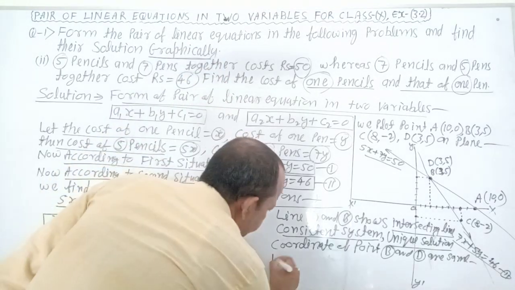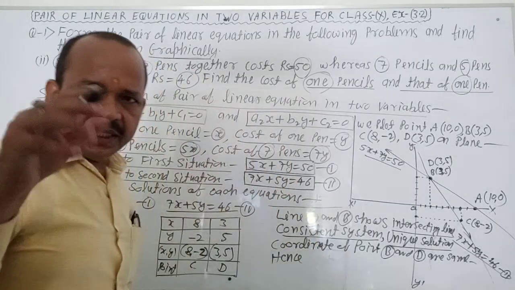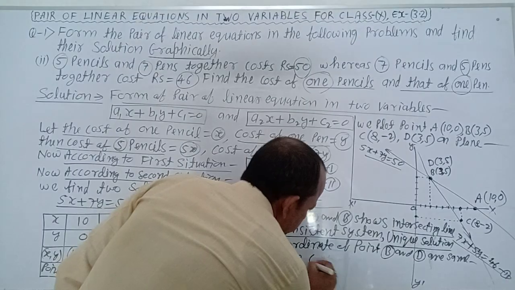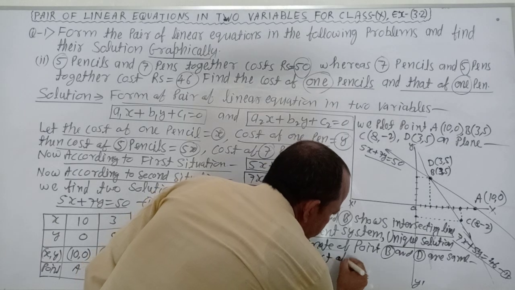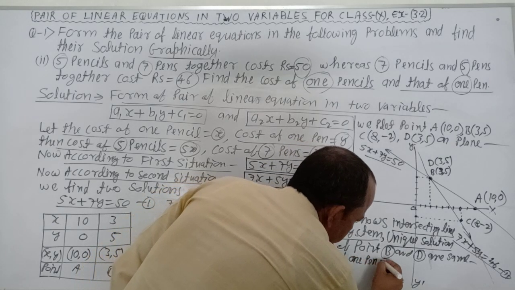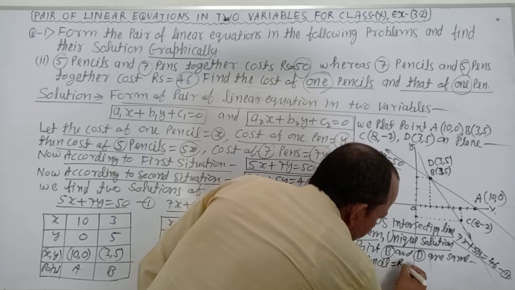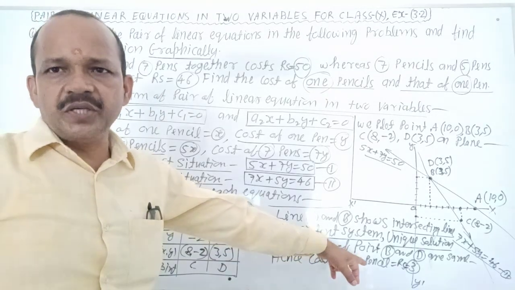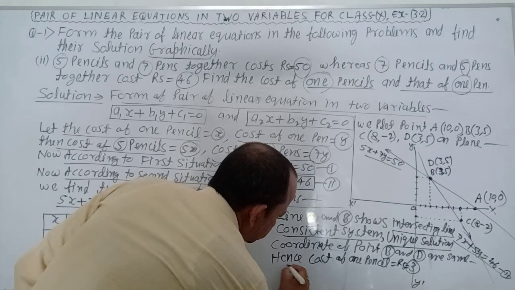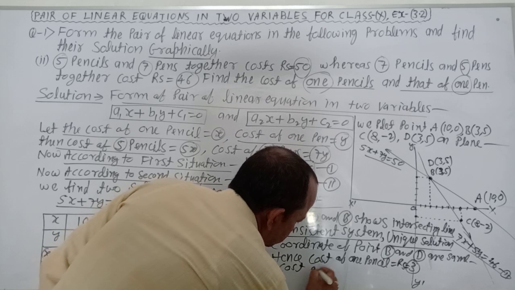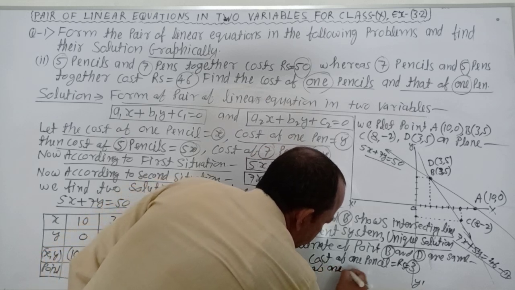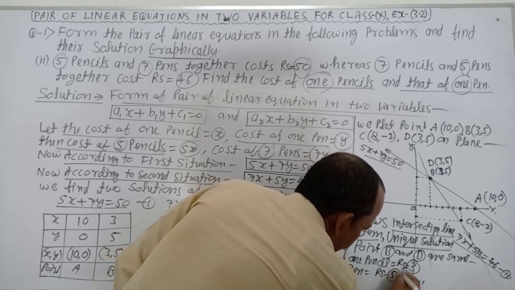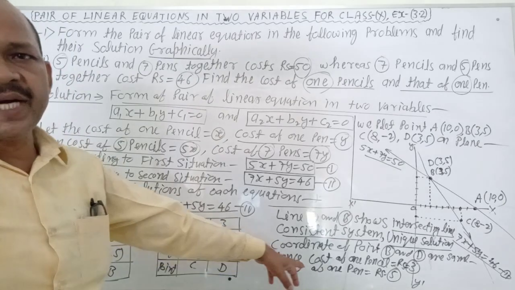Hence, the cost of one pencil is Rs 3. The cost of one pen is Rs 5. It is clear, no confusion about it.